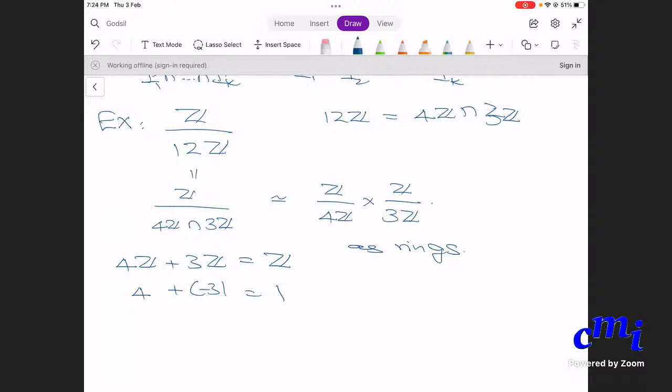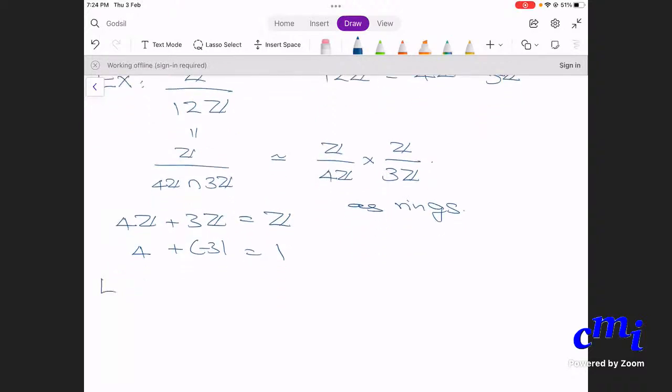Another example for this, for instance, if you take the ring Q[x] mod x squared minus x. So Q[x] is a ring. The ideal generated by x squared minus x is some ideal in that ring. I want to see what the ring Q[x] mod x squared minus x is.